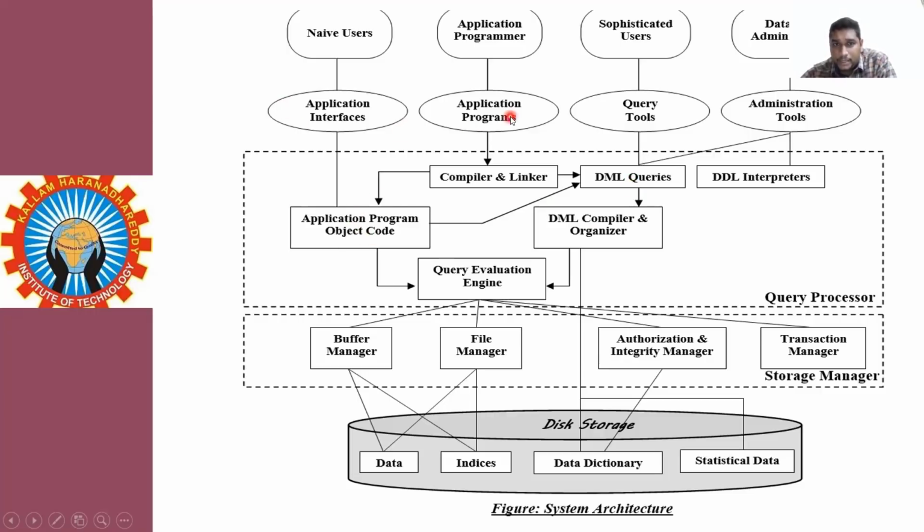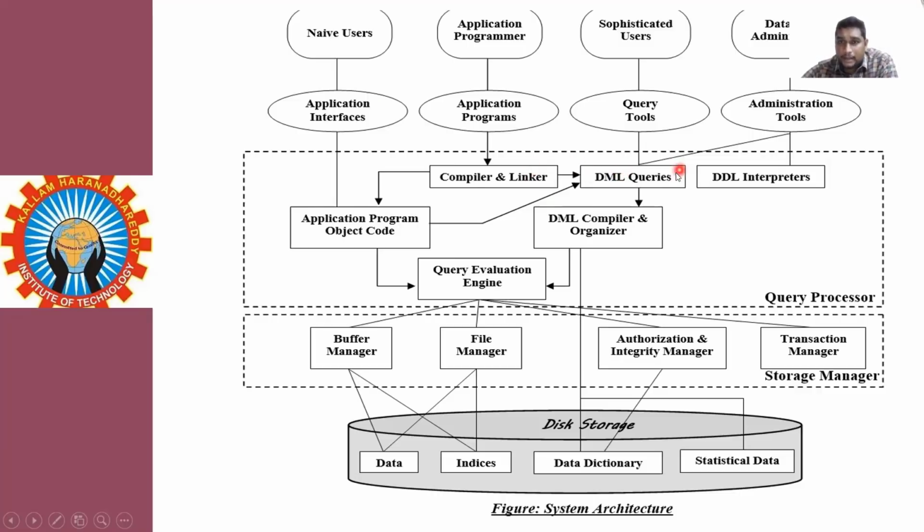If all these two come under here and it is maintained again by DML queries, that is nothing but, see, if application programmers write in Java, it is compiled and can be moved to the DML queries. The interface is also moved directly to the DML queries.